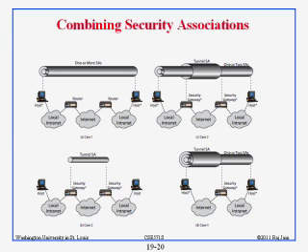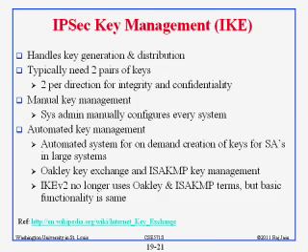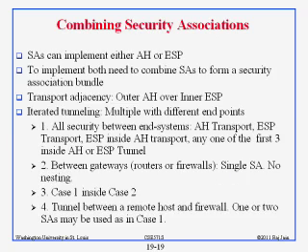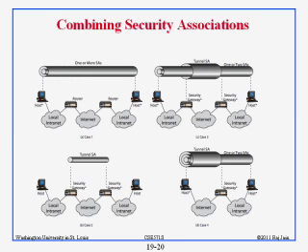Sorry, case 2 is here. Sorry, I cannot even read very well. These letters are so small. Case 2 is here, between the gateways. Case 3 is this one where you have nesting. Case 3 is case 1 inside case 2, case 1 end to end inside case 2 between the gateways. So that is case 3. You have gateways as well as end to end.